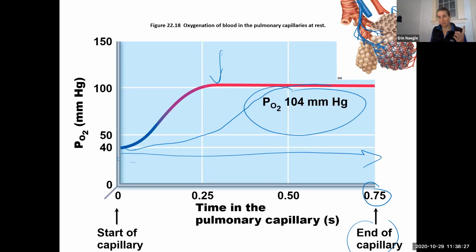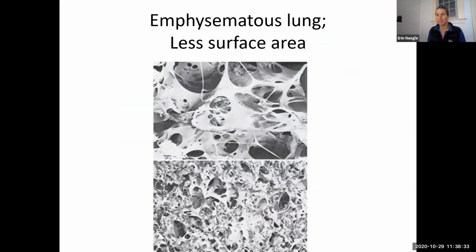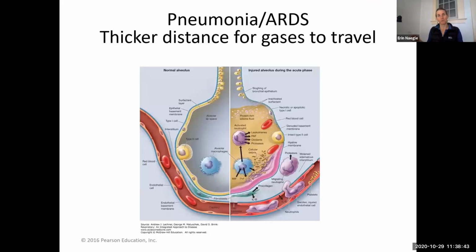Do you remember what disease we lose a lot of surface area of our little alveoli? Yeah, emphysema. So if the lungs have emphysema, you have a lot less surface area, so that's going to decrease your ability to get oxygen into that blood. Or if your lungs are filled with fluid, as in pneumonia or ARDS, then you increase the thickness.